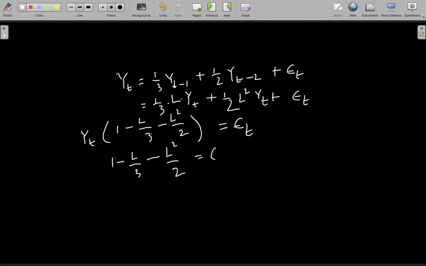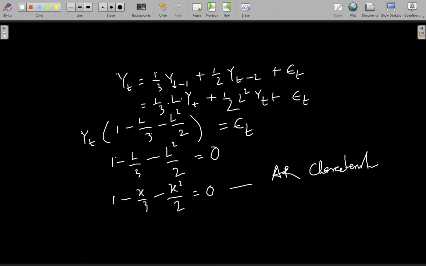Now to get the roots, I don't really use a lag operator, so I use a variable, a variable which has similar properties. So 1 minus x by 3 minus x square by 2 is equal to 0, right? So this is my AR characteristic equation.